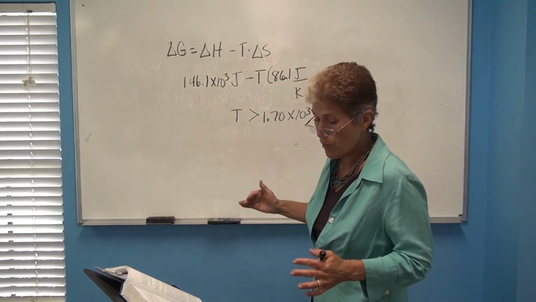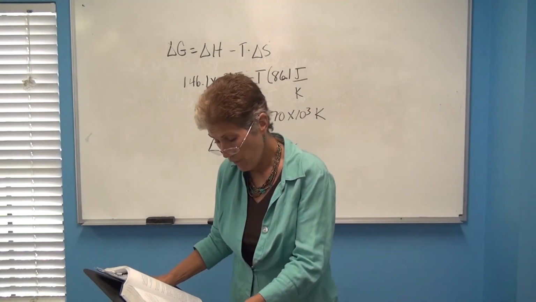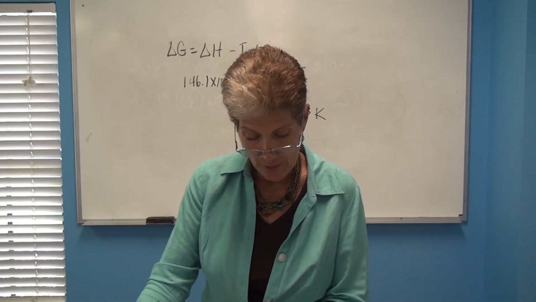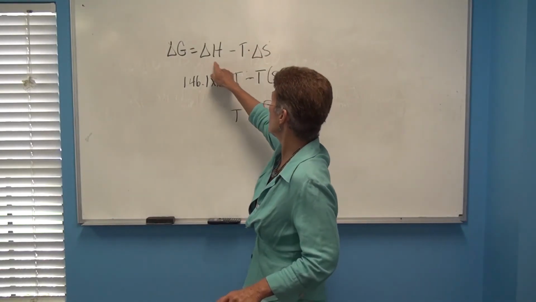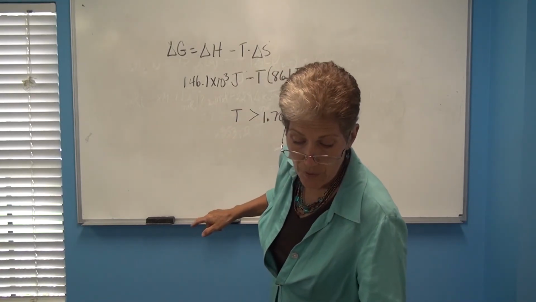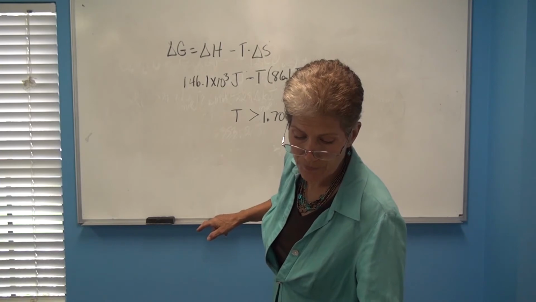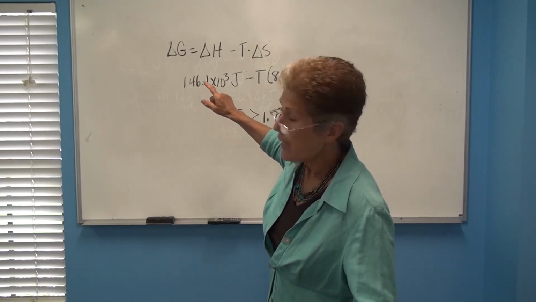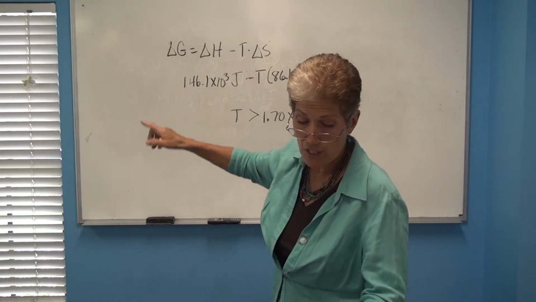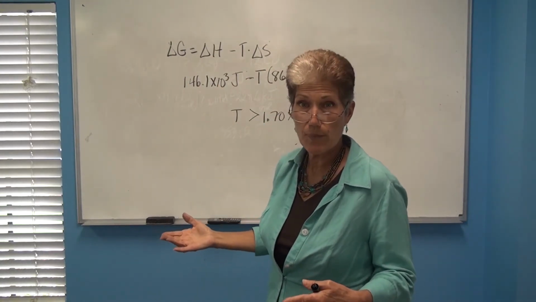For B, they're both negative, and therefore it is spontaneous at all temperatures, because if you put the negative in here and the positive in here, it would give you a negative delta G, so it would be spontaneous at all temperatures.